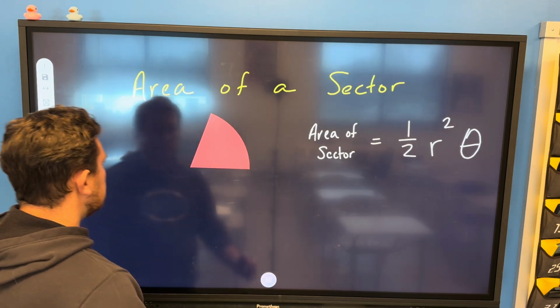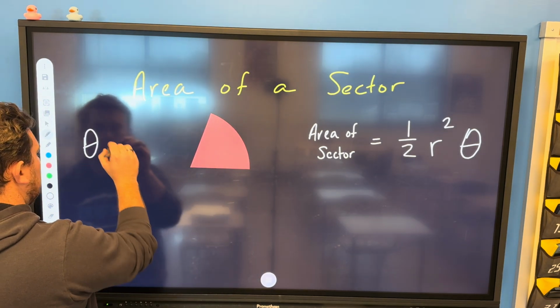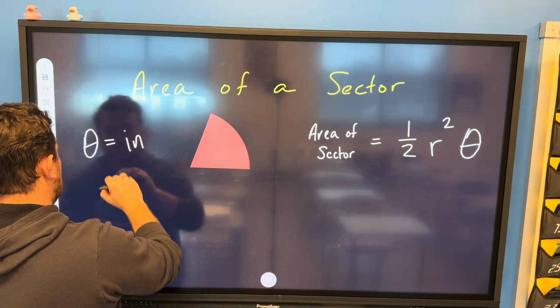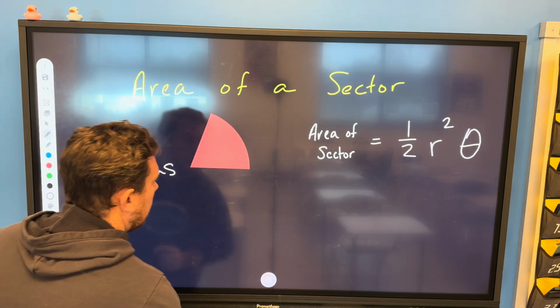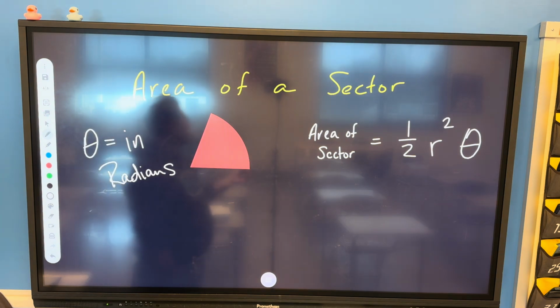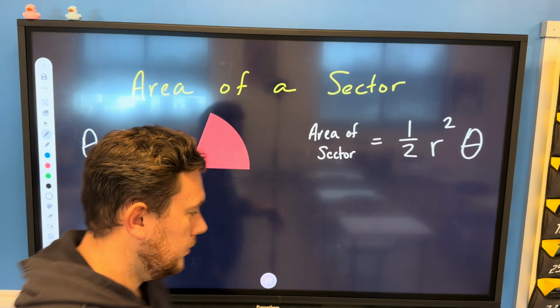And again, just like before, our degree is in radians. So if you're given degrees, you have to change it to a radian first.